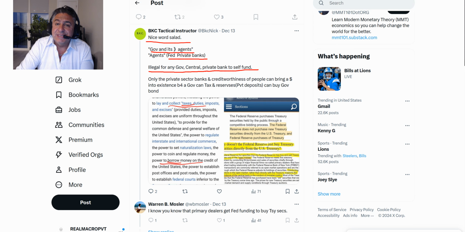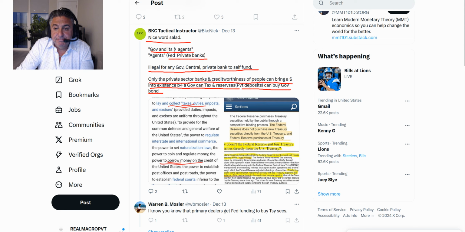This is objectively self-evident true based on empirical data. You cannot self-fund. Only the private sector banks and creditworthiness of people can bring a dollar into existence before a government can tax, and reserves, which are private deposits, can buy a government bond.